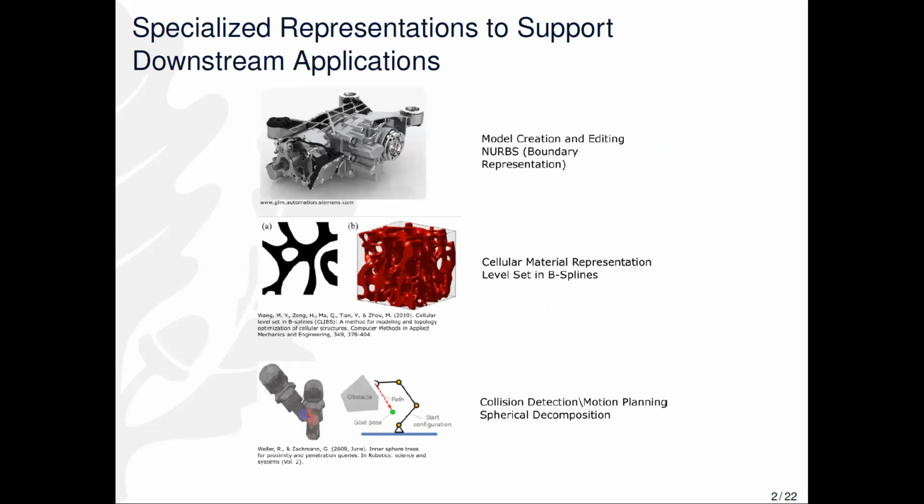Over the years, in different steps of product development, researchers have established specialized representations to support specific downstream applications. Like we have NURBS as a gold standard for model creation and editing, and some researchers use level sets and volumetric representations for cellular material representation. And we have spherical decomposition for collision detection and motion planning.